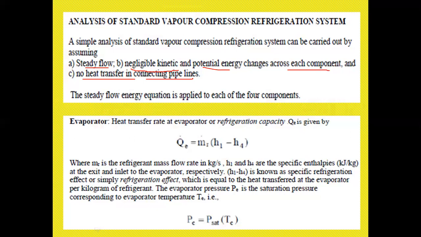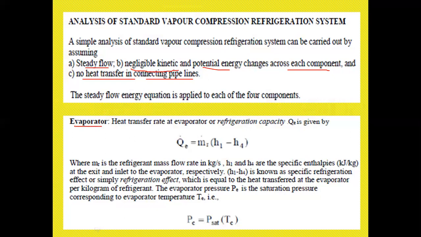So if you see the steady flow energy equation applied to the 4 components, what are the 4 components here? The 4 components are evaporator, condenser, compressor and expansion device. Coming to the first one, the evaporator.